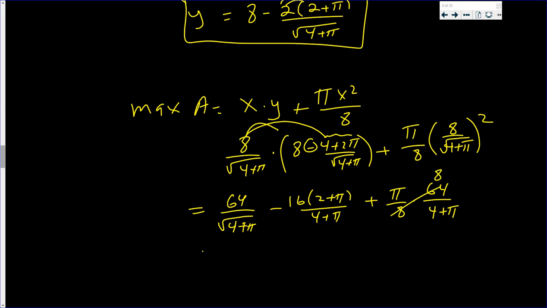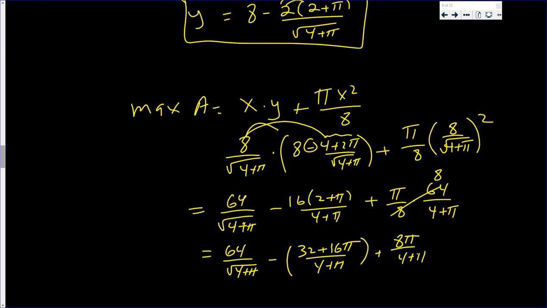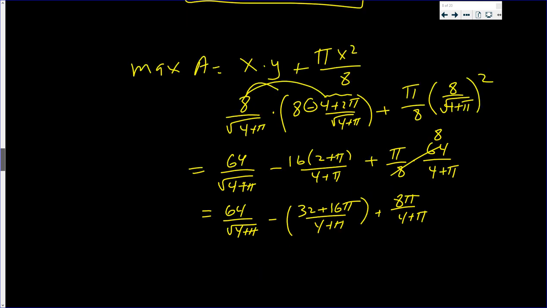So we now have 64 over the square root of 4 plus pi minus, okay, let's distribute, minus 32 plus 16 pi over 4 plus pi plus 8 pi over the same denominator, and just one more line and we'll be done.